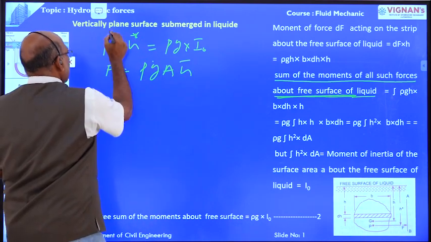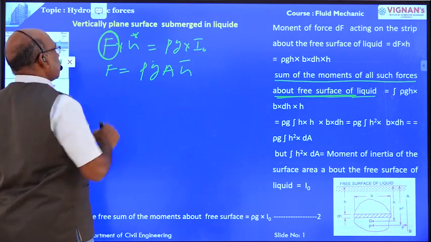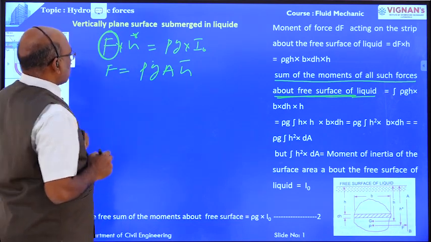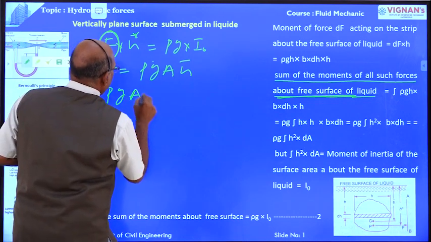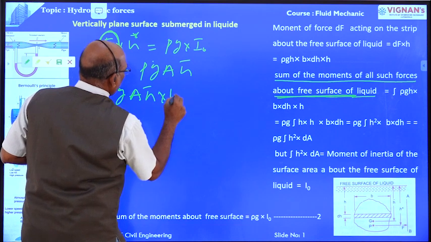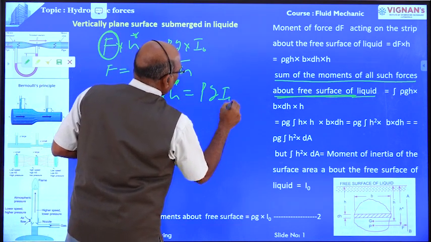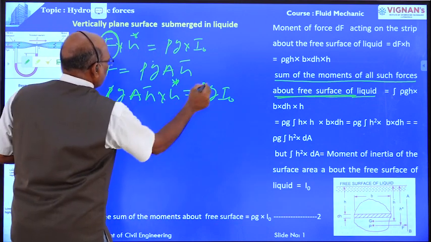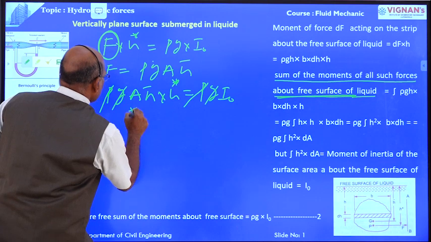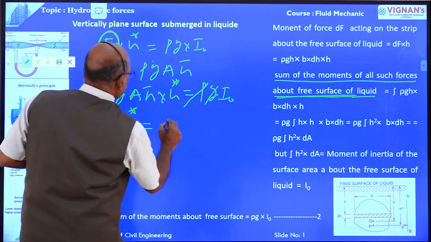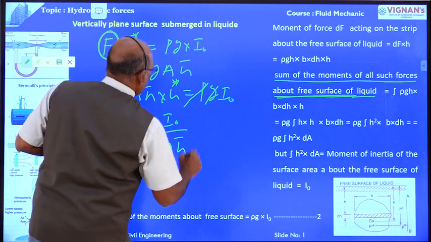In place of the resultant force we substitute this value. Therefore, rho g a h bar into h star is equal to rho g into I0. Rho cancels, g cancels. Therefore, h star is equal to I0 divided by a h bar.